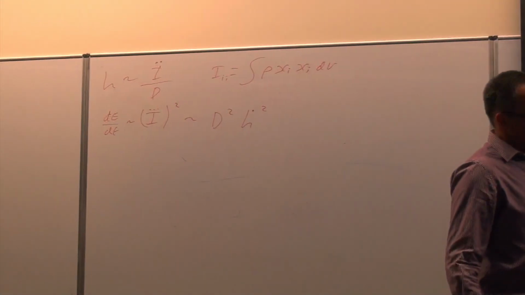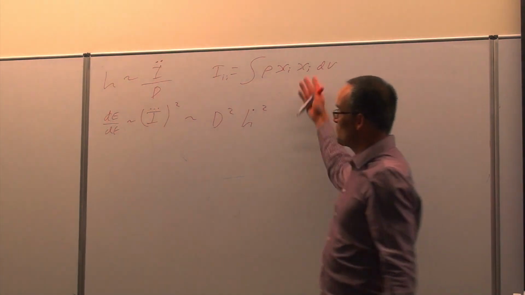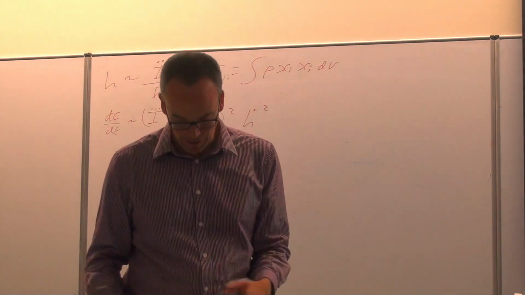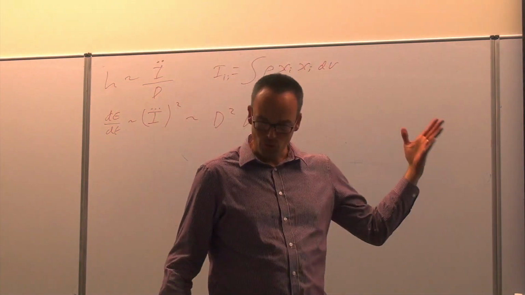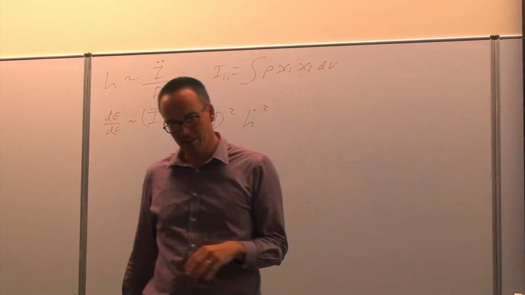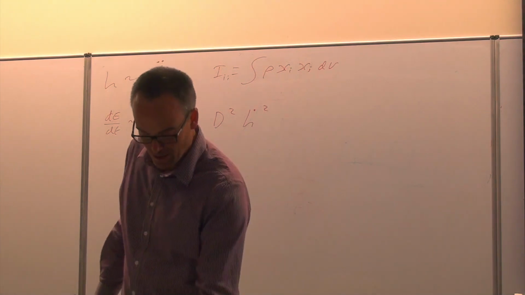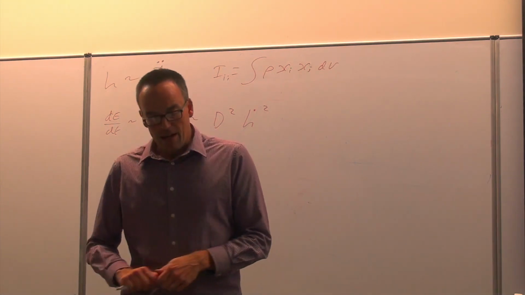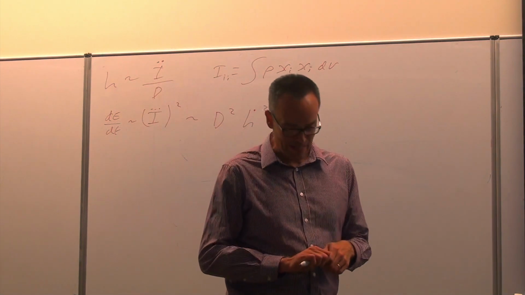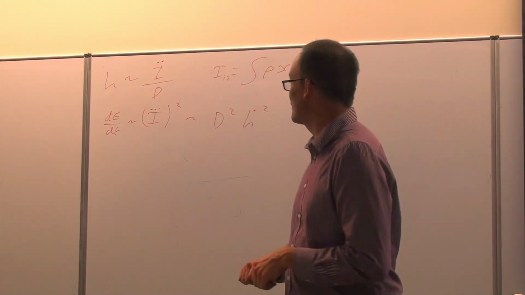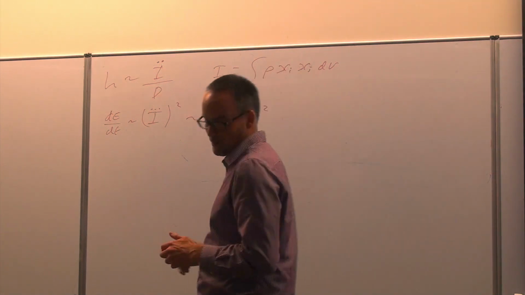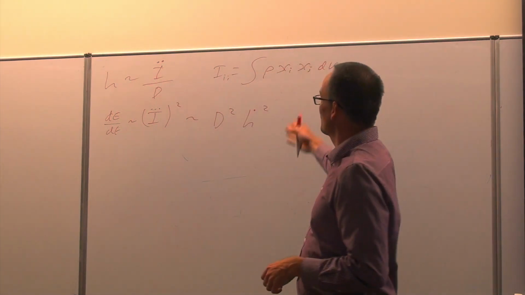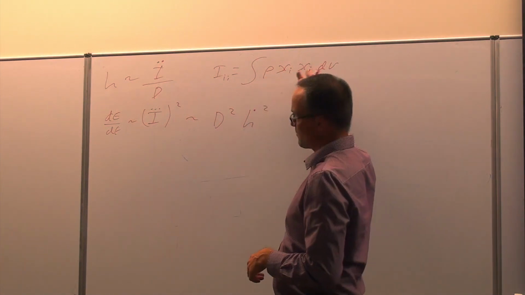So what we're going to do now is estimate these quantities for a Newtonian binary that is inspiraling, and we're going to deduce the form of the characteristic strain and so on for this type of source. Okay, so what do we need to do this? We need to work out what the quadrupole moment is. Now the quadrupole moment is rho times x_i x_j.